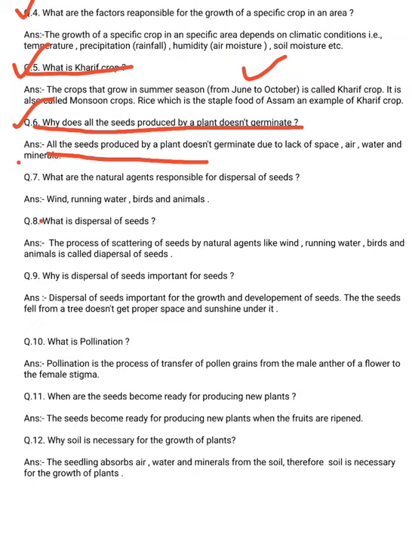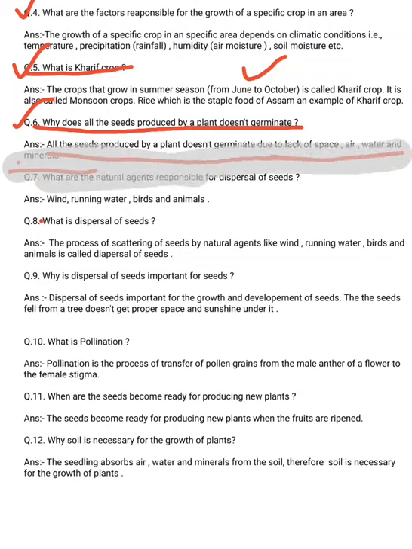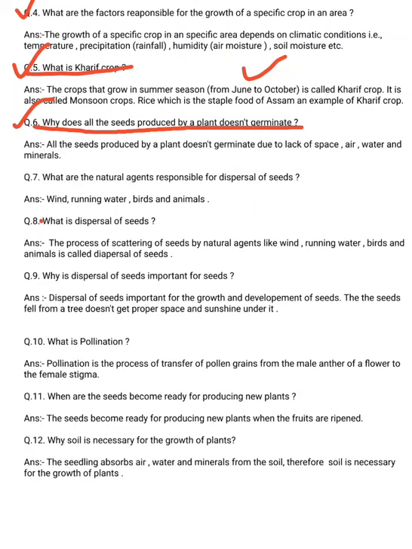The answer is, all the seeds produced by a plant do not germinate due to lack of space, air, water and minerals. That means not all the seeds grow into a new plant.